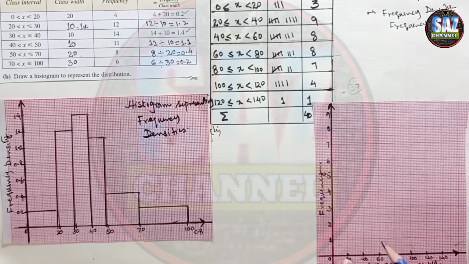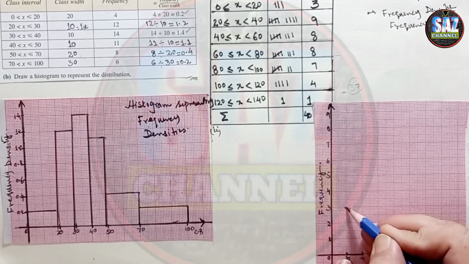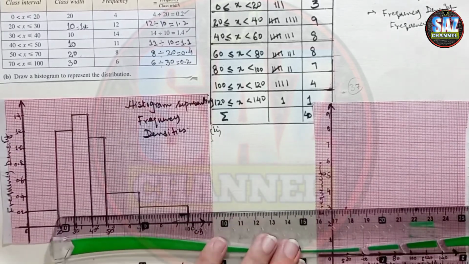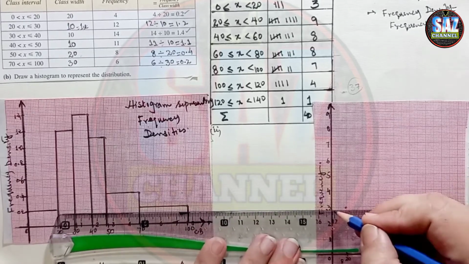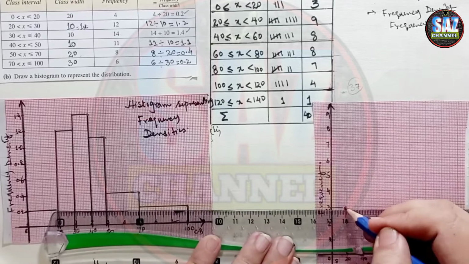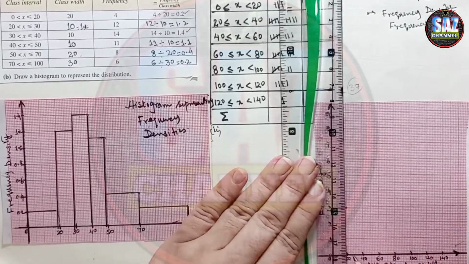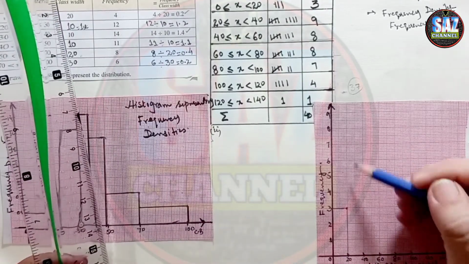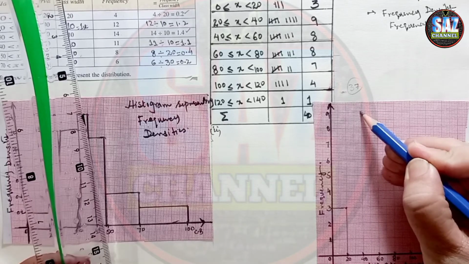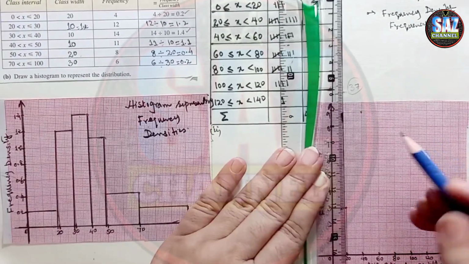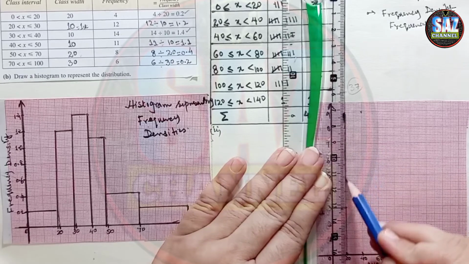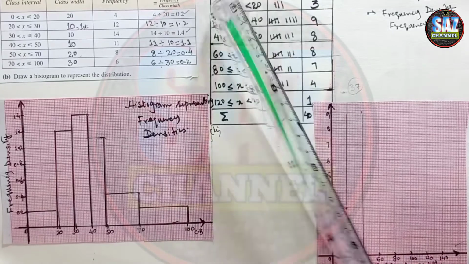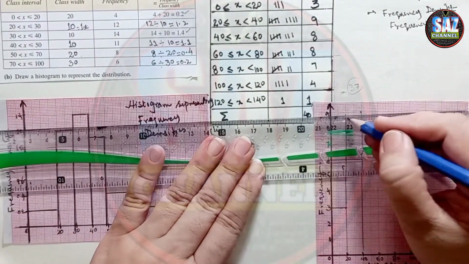For 0 to 20, the frequency is 3. So I will be marking the point here and let me complete the rectangle at this place. Then the second is 9. For 20 to 40, this is 9, so I have to mark the point at this place. 20 to 40, the rectangle is complete.